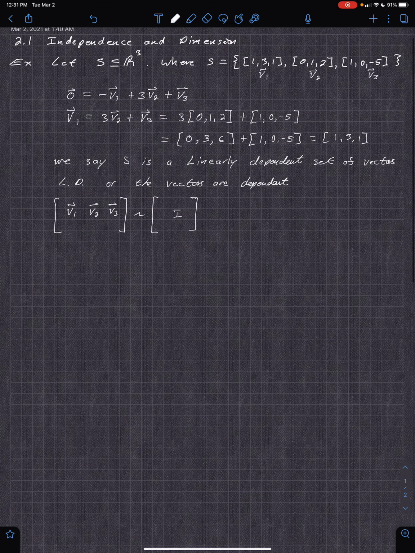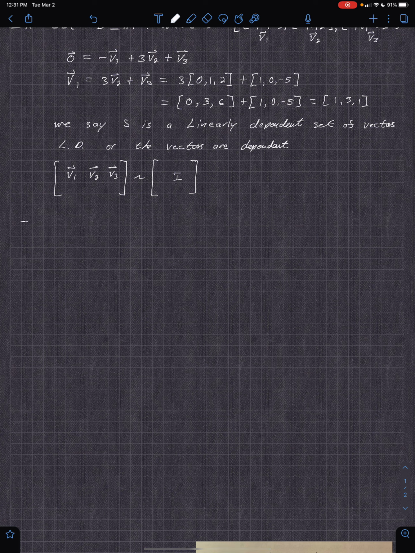So if this is true, that is basically equivalent to this, that R1 V1 plus R2 V2 plus R3 V3 is equal to the 0 vector, and you'd be able to conclude these are all 0.